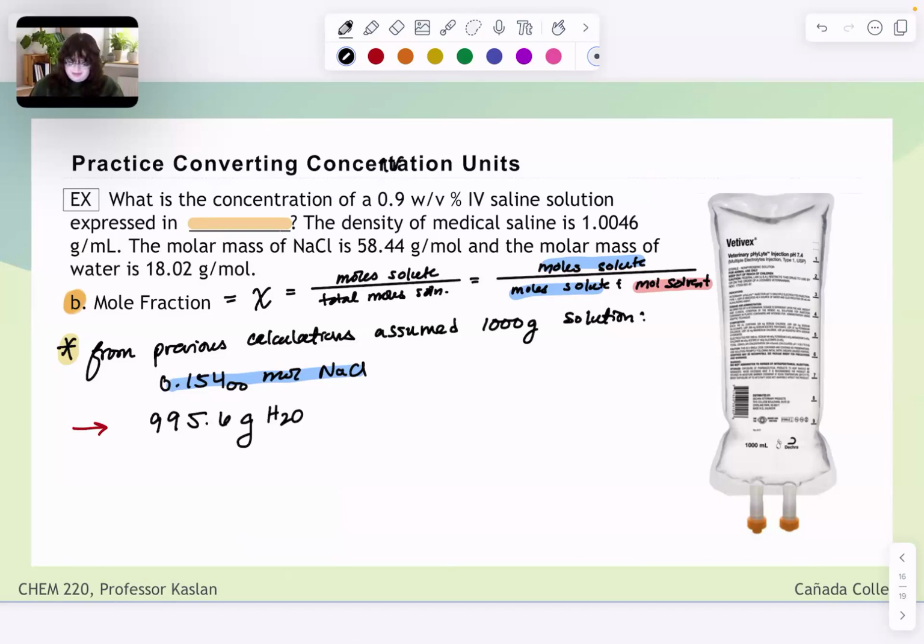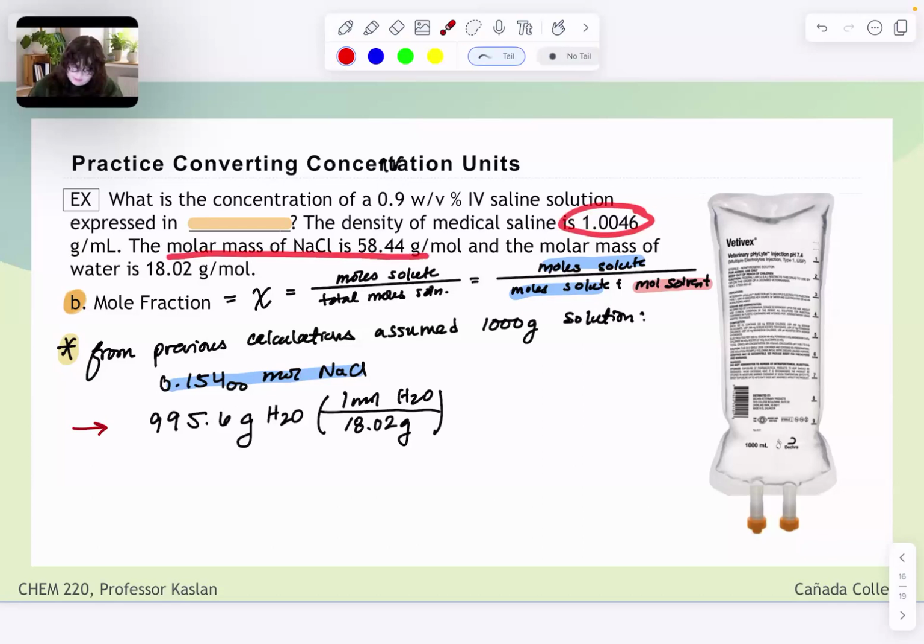And because I want moles, I better get this into moles by dividing by molar mass. So 1 mole of water weighs 18.02 grams. This was given to me in the body of the problem. I was given the density of the solution, molar mass of the solute, and molar mass of the solvent. So I'm utilizing my molar mass of solvent.